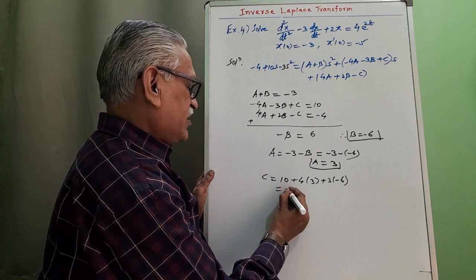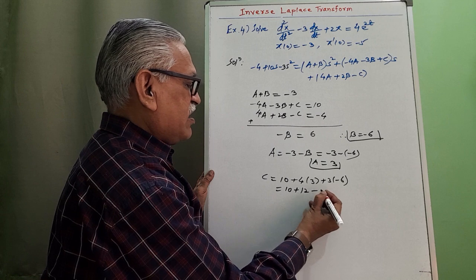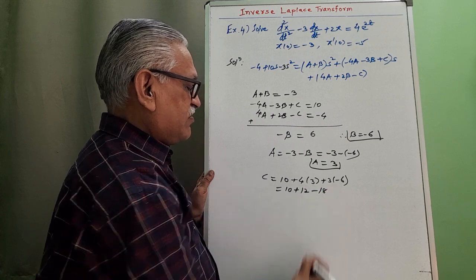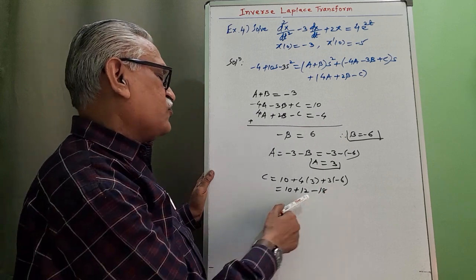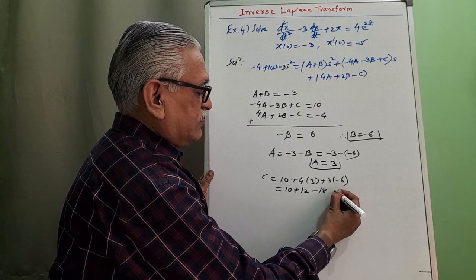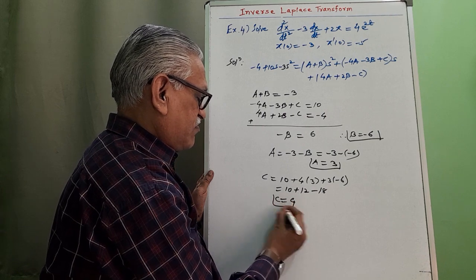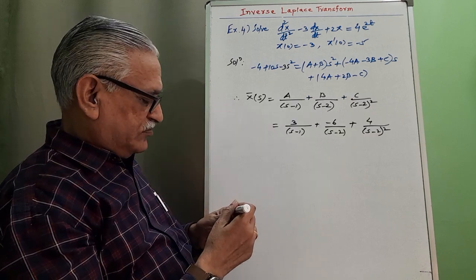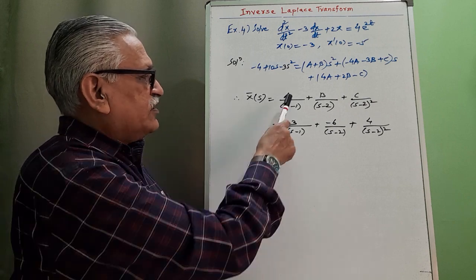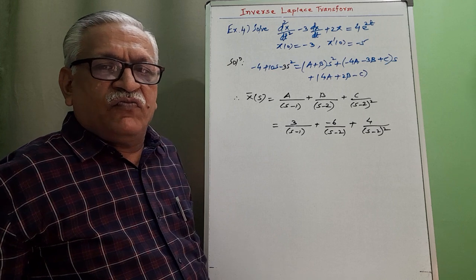Simplifying it, it is 10, 4 3s are 12, and minus 18. 22 minus 18, we get that value as 4. Substituting a as 3, b as minus 6, and c as 4, we have this step.